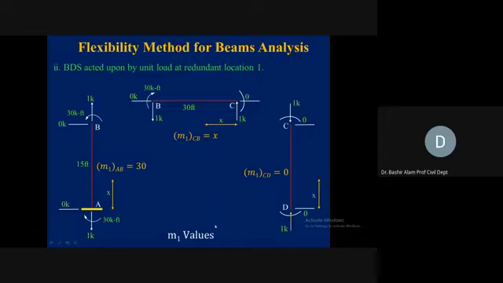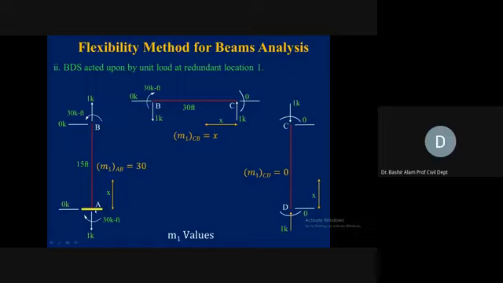Remember, once we fix the origins for the capital M values, we have to follow those origins; we cannot change them. So for AB, again we take A as origin. The moment is 0 times X plus 30, so M1 for member AB is 30.